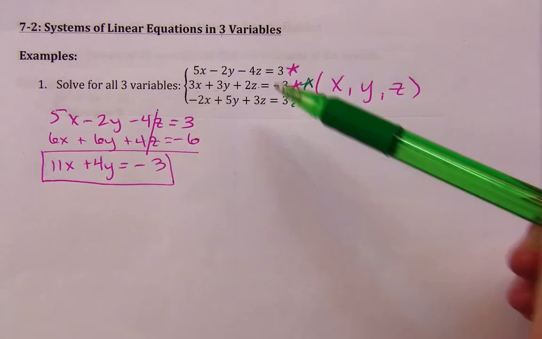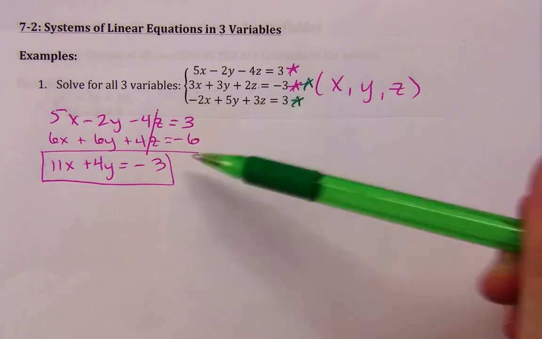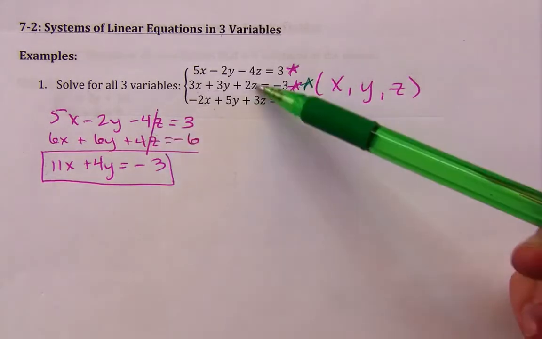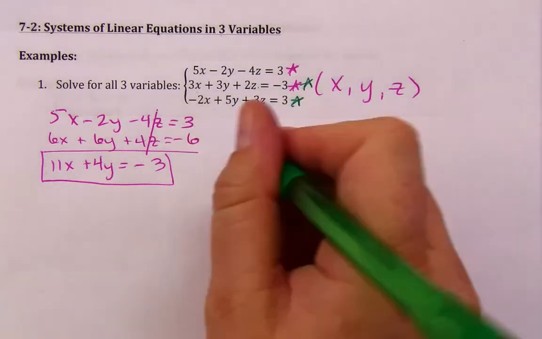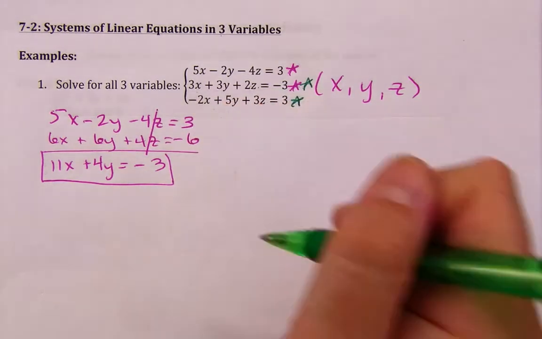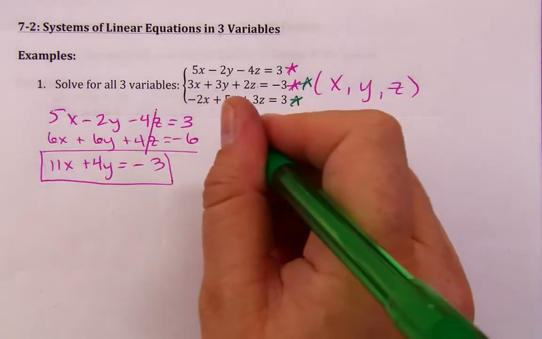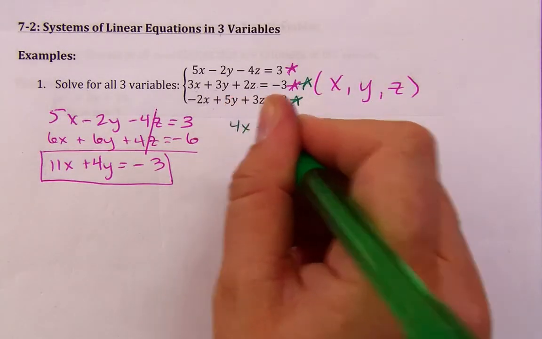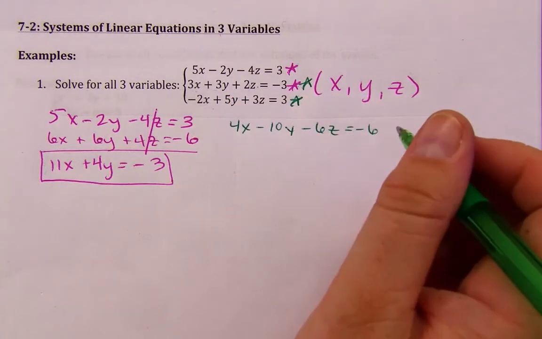Now, it's really important to note here that you have to cancel the same variable out. If I canceled z before, I have to cancel z here. I can't choose x or y. So I have this bottom equation being multiplied by negative 2. So that's going to be 4x minus 10y minus 6z equals negative 6.